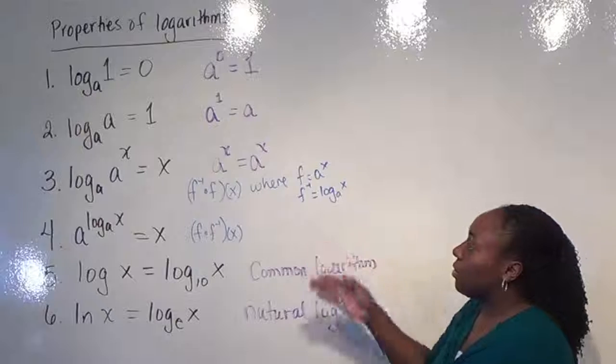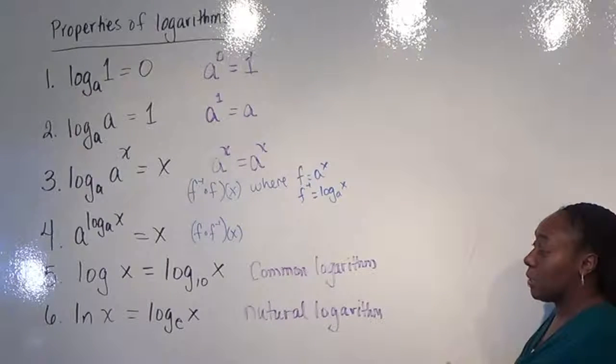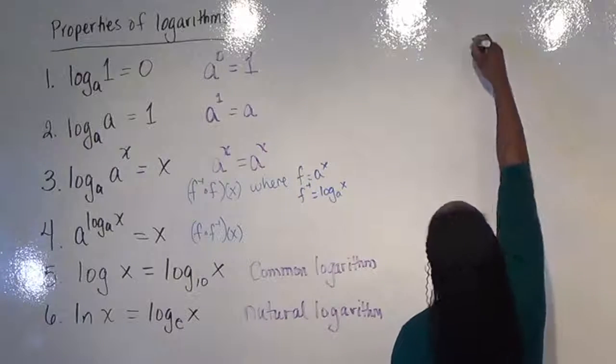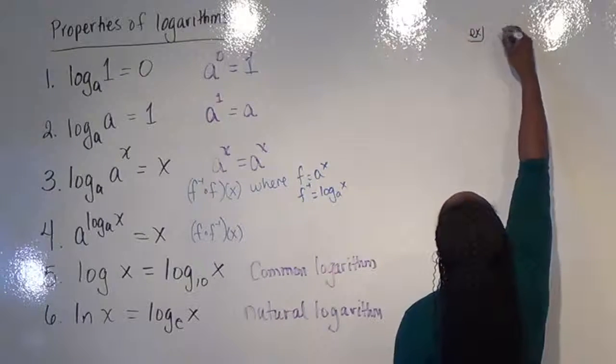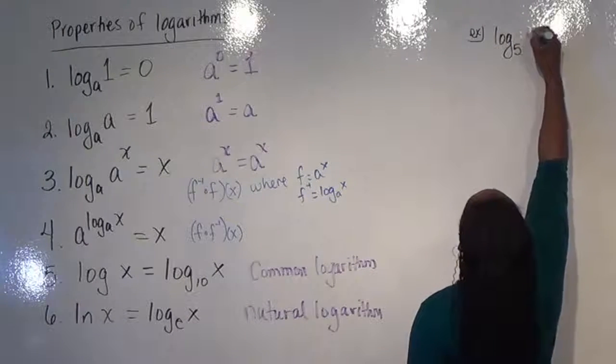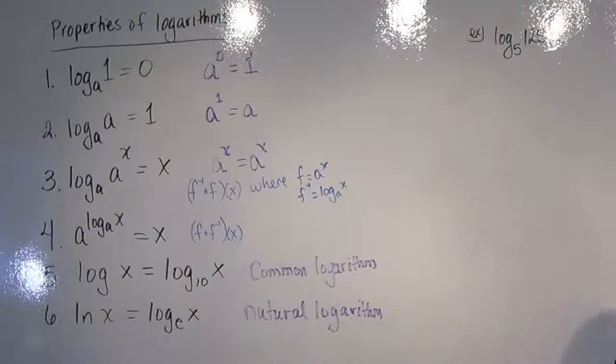Okay. And so these are different properties that we're going to see that are going to be used to simplify expressions. Okay. So for example, let's say we had the expression log base 5 of 125 that we want to simplify. Okay. Well, looking at this, it doesn't look like any of our properties right away.